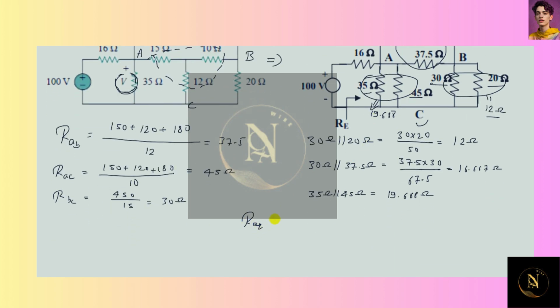So R equivalent up to this point is 19.688 parallel with the summation of these two, so 12 plus 16.667, which is 28.667. When we apply the formula, we get 11.672 ohm.